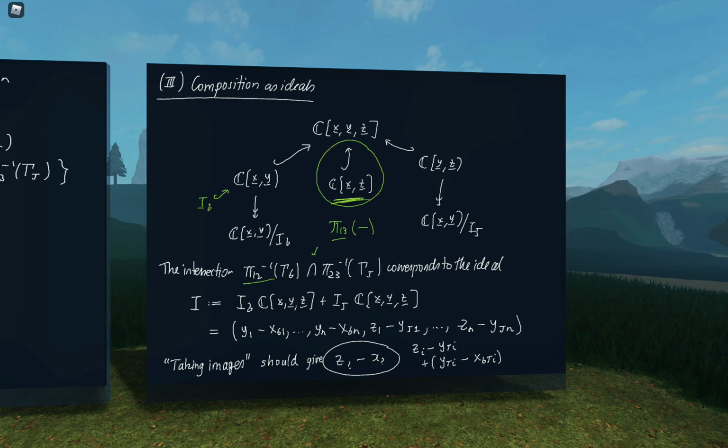If we add those together, we get the relation z_i minus x_sigma(tau(i)). And of course we recognize that as the defining equations of the graph of the composite of the two functions. But what is the generic method for going from an ideal like this that involves this intermediate variable y and getting it to spit this out?